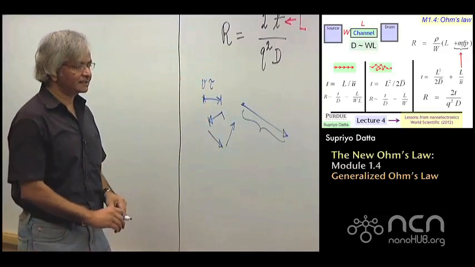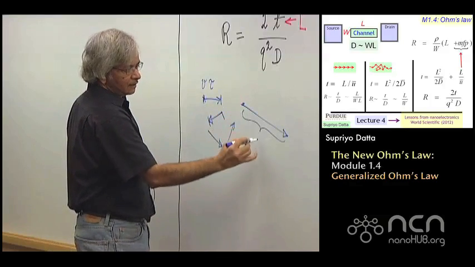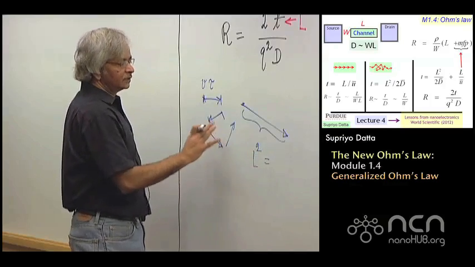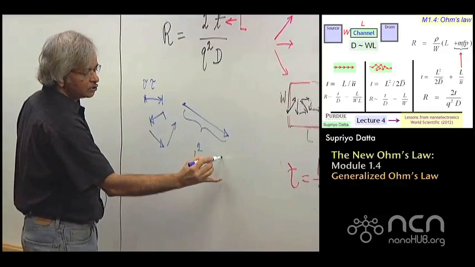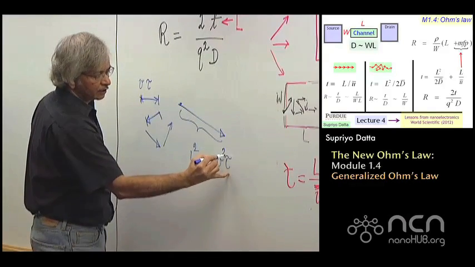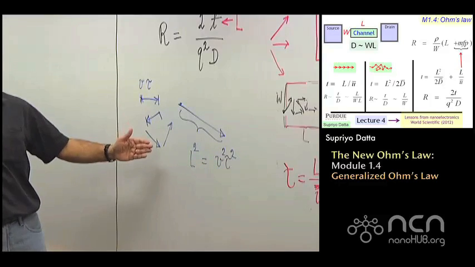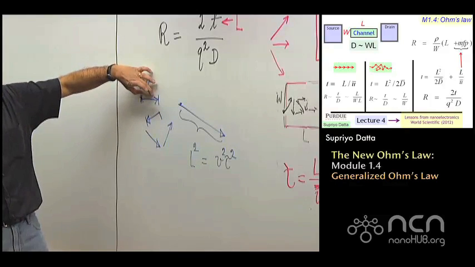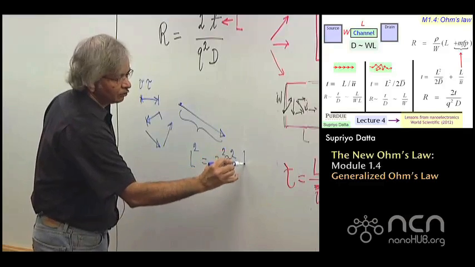So what I mean by that is the distance that it has traveled, I'll call that, say, L squared, would be equal to the sum of the squares of all of these. So each one has a magnitude of v tau. So that's like v squared tau squared. That's the magnitude. And how many of them do I have? Well, if the total time is t and mean free time is tau, then the number of individual vectors I have is like t over tau.